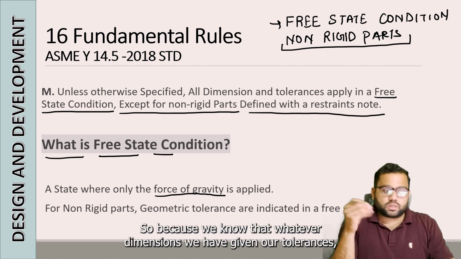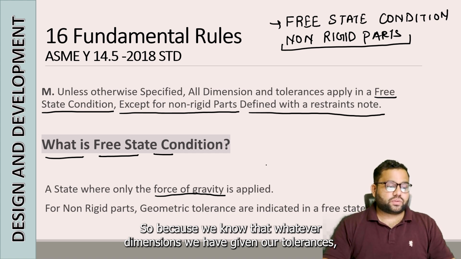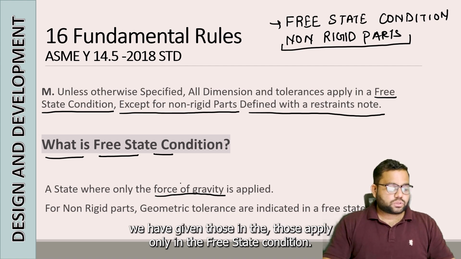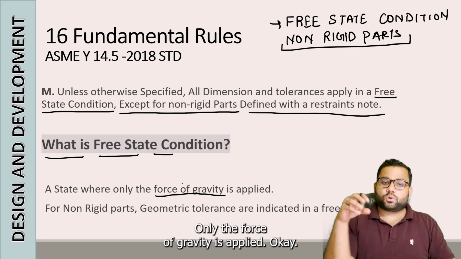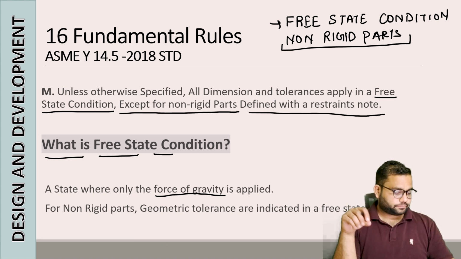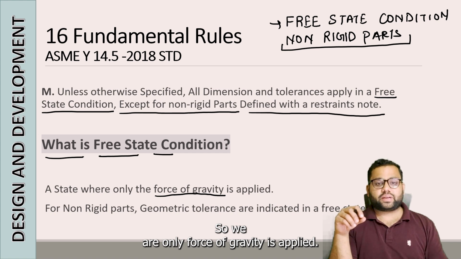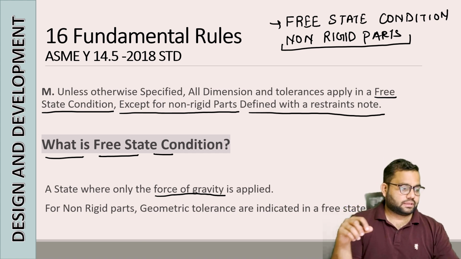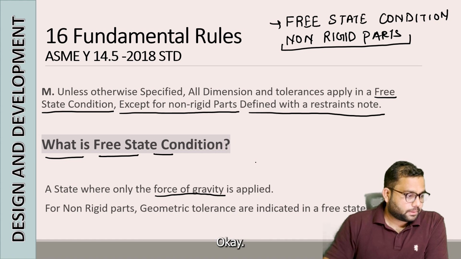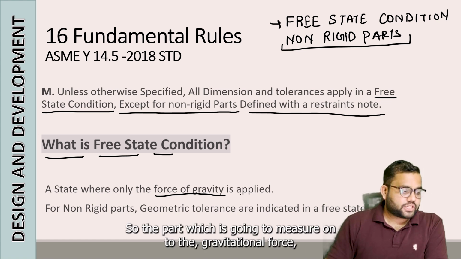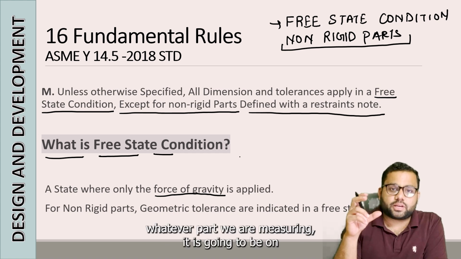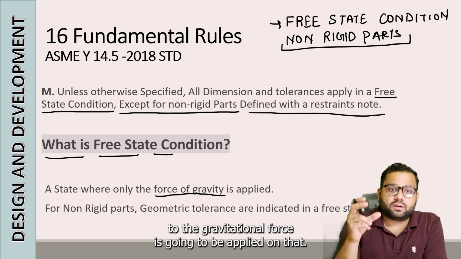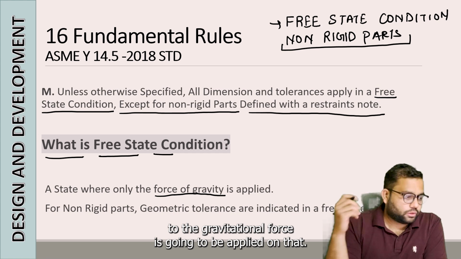Because we know that whatever dimensions or tolerances we have given apply only in the free state condition, and the free state condition is where only the force of gravity is applied. So the part which is being measured has only the gravitational force applied on it.